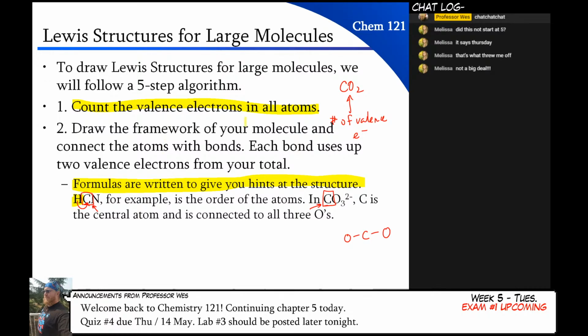And again, we're going to do this formally in just a second. Now, when you create bonds, when they are drawn right here, they require electrons. And those bonds will count electrons out of the total that you did in step 1. So step 1 was to count. Step 2 is to connect the atoms using electrons from that count to make bonds.